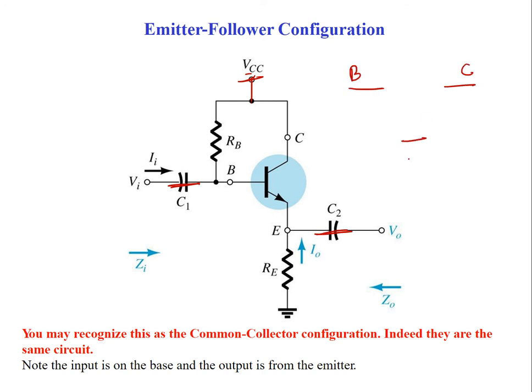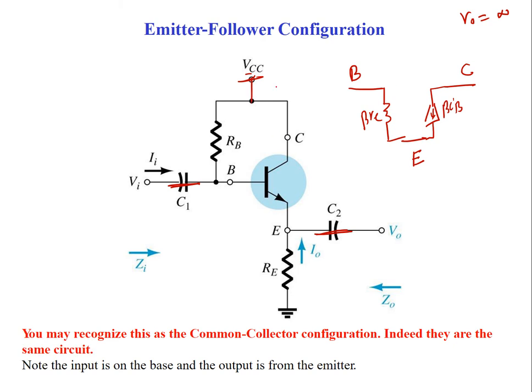Base, collector and emitter. Between base and emitter, we have this impedance beta times RE. Here we have this voltage source beta times IB. R naught is infinity. So what is at the collector end now?